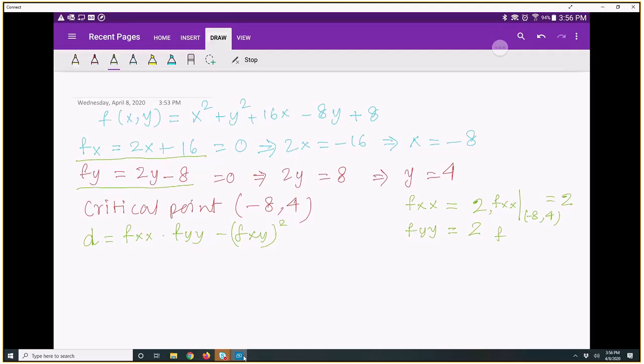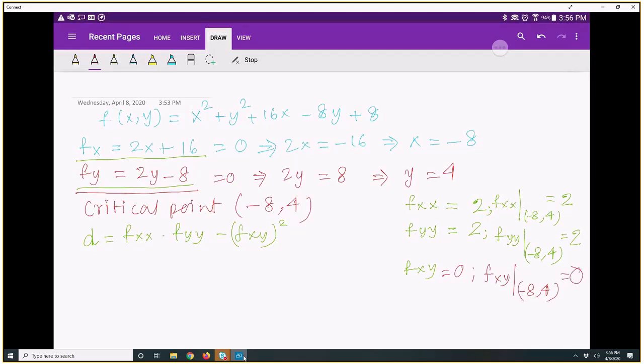Similarly f y y at negative 8 comma 4 is still 2. And I'm going to find f x y. Remember, f x y is finding the derivative of f y with respect to x. So this is f y. I do the derivative with respect to x, I get 0, still a constant function. So f x y at negative 8 comma 4 is equal to 0.